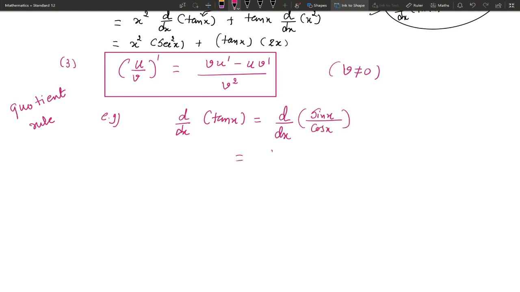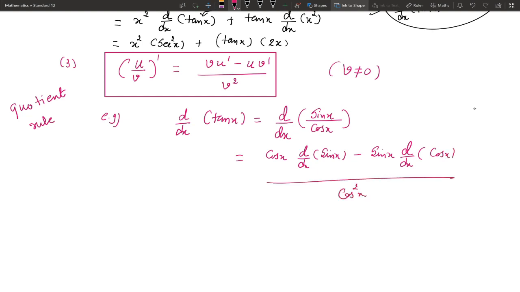Say this is u and this is v. So v, that is the denominator cos x, into derivative of numerator sin x, minus sin x, that is numerator, into derivative of denominator cos x, upon square of the denominator.